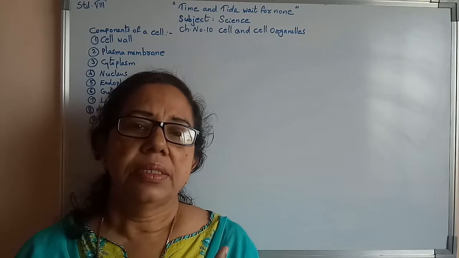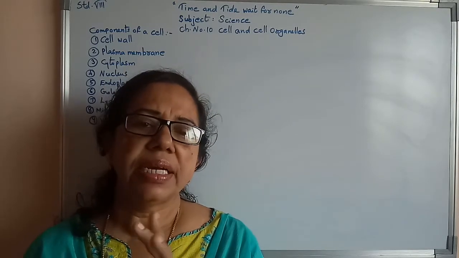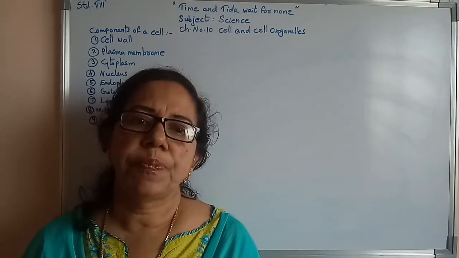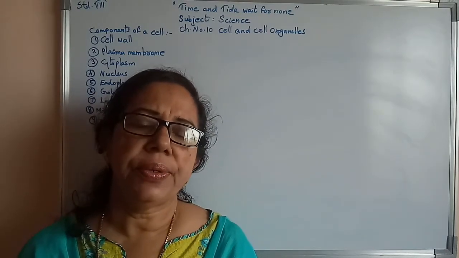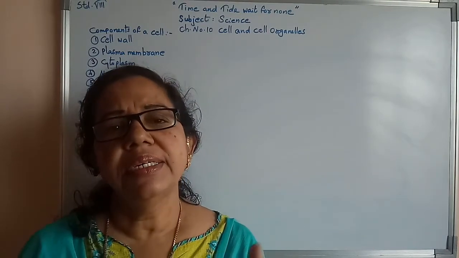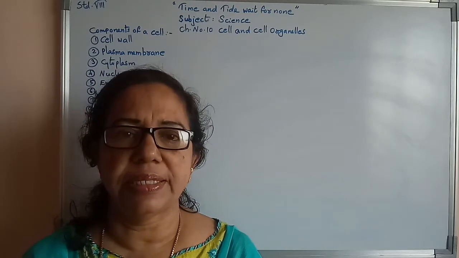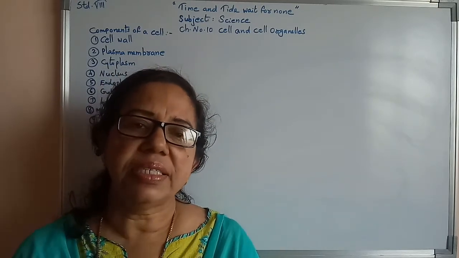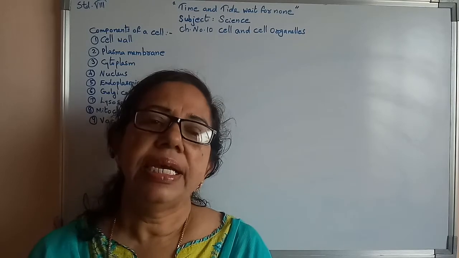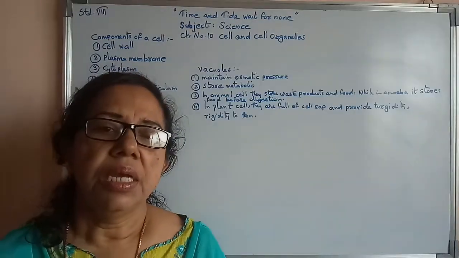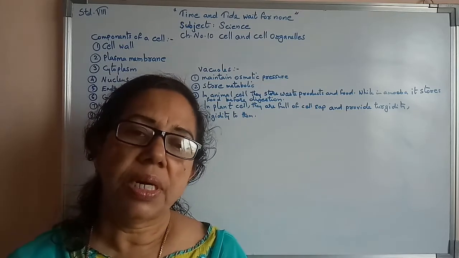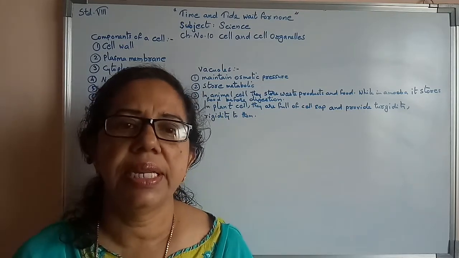Vacuoles are the storage sacs for liquid and solid contents. They are bound by a single membrane. Vacuoles do not have a typical shape or size. Their structure changes as per the need of the cell. Vacuoles perform different functions in the cell.